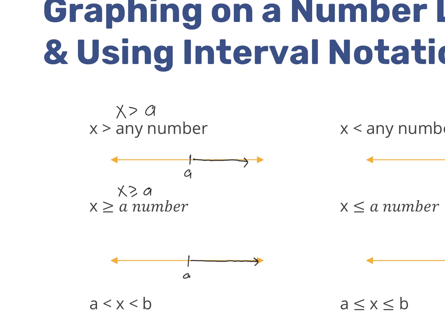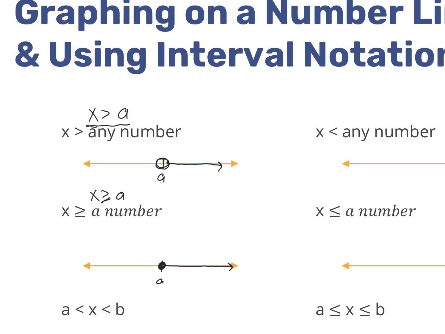If we want to denote that it is a strict inequality, meaning if I were to plug a into this inequality, I won't get a true statement, I'm going to denote that with an open circle. If it is with equality, so if I plug in a greater than or equal to a, that is a true statement, so I'm going to write a closed circle. That's the biggest difference between the two.